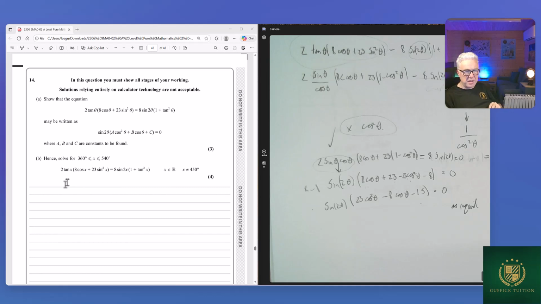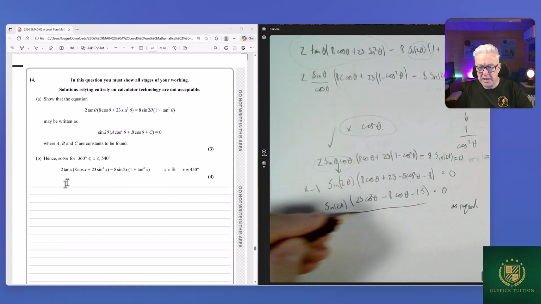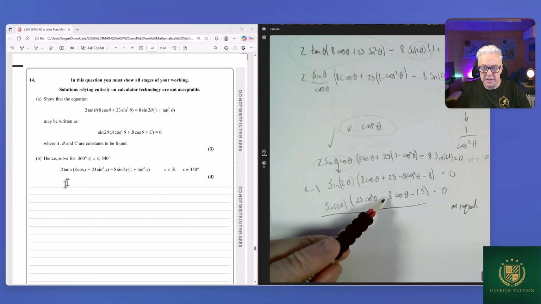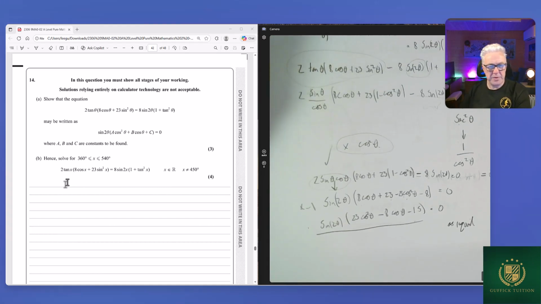So that's good. So basically we've done that now, where A, B, and C are constants to be found. So we've got that our answer is sine 2 theta (23 cos squared theta minus 8 cos theta minus 15) equals 0. So yeah, that was pretty tricky.